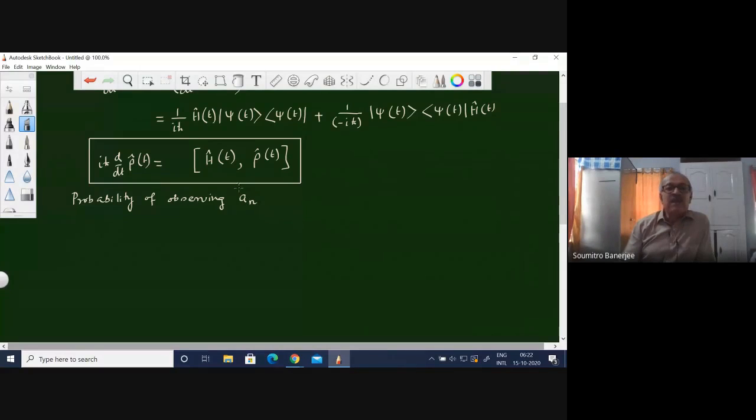The eigenvalues are a_n. So if you really make an observation, you can only observe any of the a1, a2, a3, a4 and all that. So what is the probability of observing a particular eigenvalue, a_n?